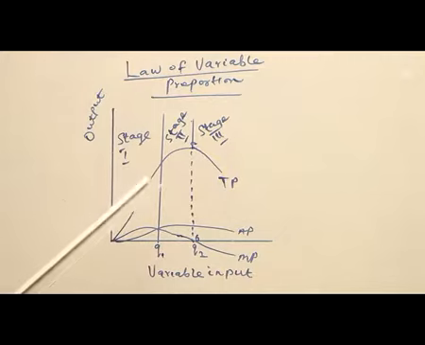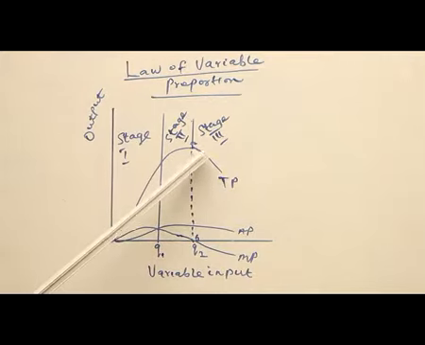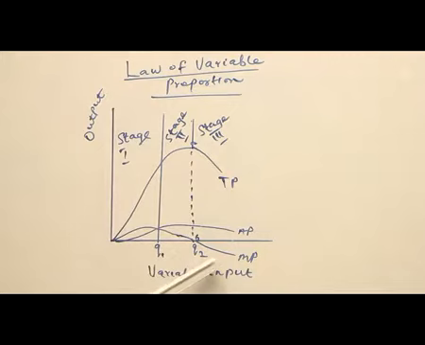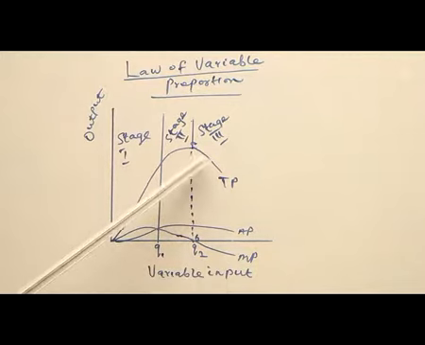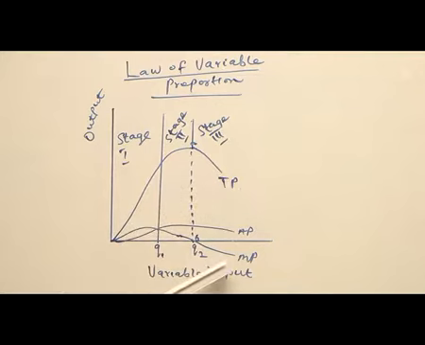And once the total product reaches its peak, marginal product will be 0. But if the total product is falling, marginal product will now become negative. In terms of average product, it will only be falling, while marginal product will continue to be negative. So there are three stages in the law of variable proportion.